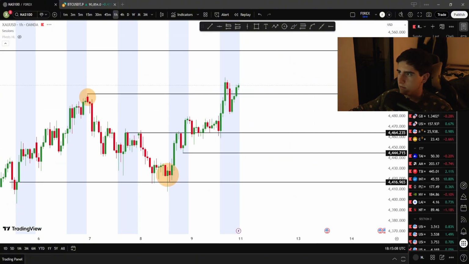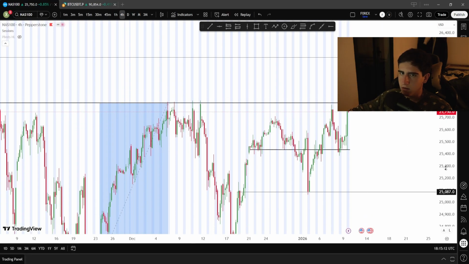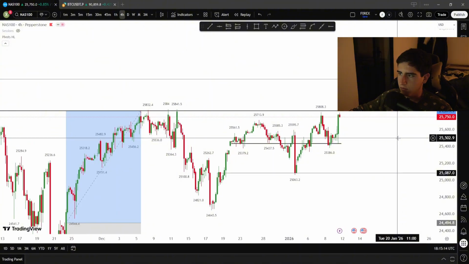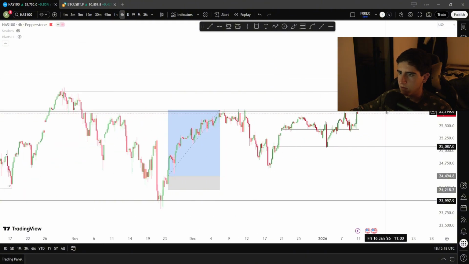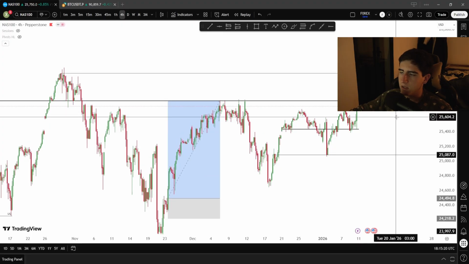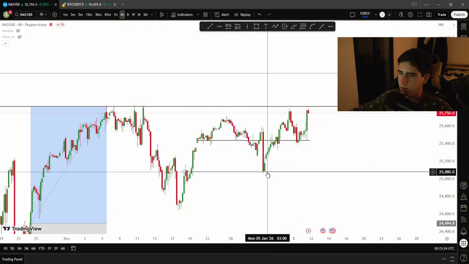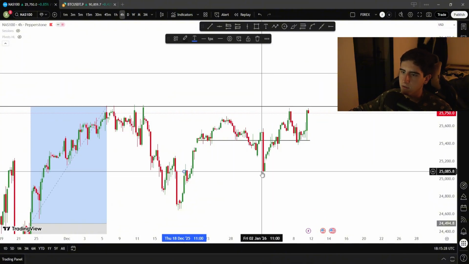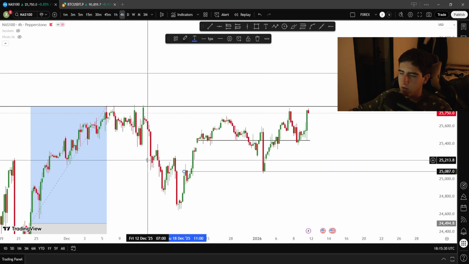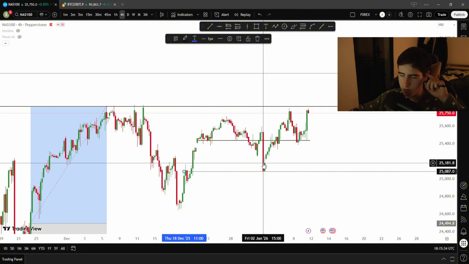I can explain some here on Nasdaq. Nasdaq is ranging in this very big range, right? But we can make some small ranges, like we are in a range here and here. This level was not a level before until this candle came here.